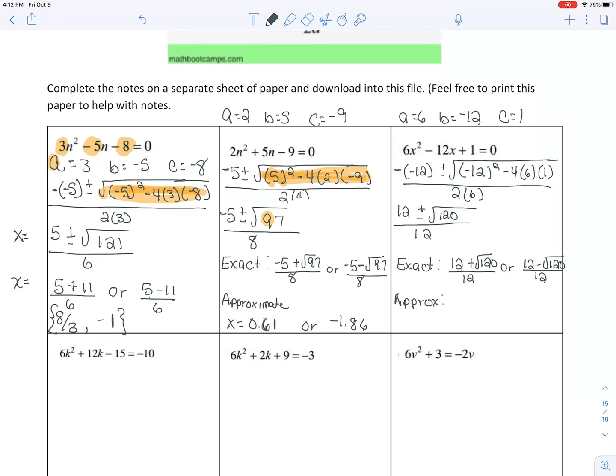I'm on a struggle bus with my calculator, guys, so bear with me. I wish I could show you what I'm putting into the calculator. So my approximate answer is going to be 1.91, or 0.87.